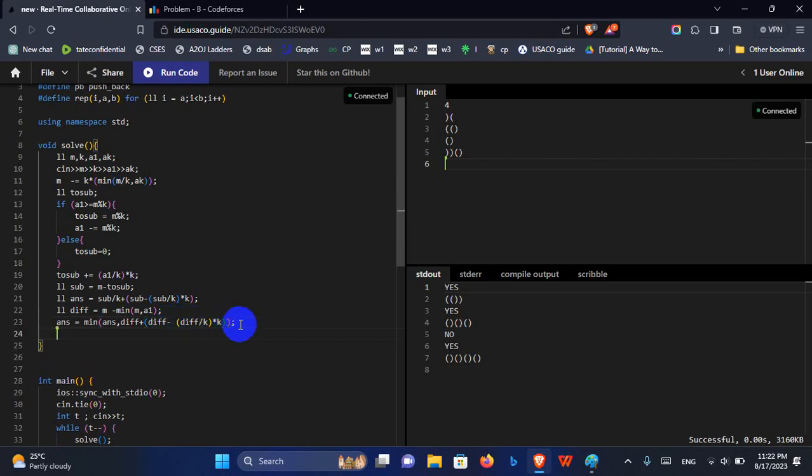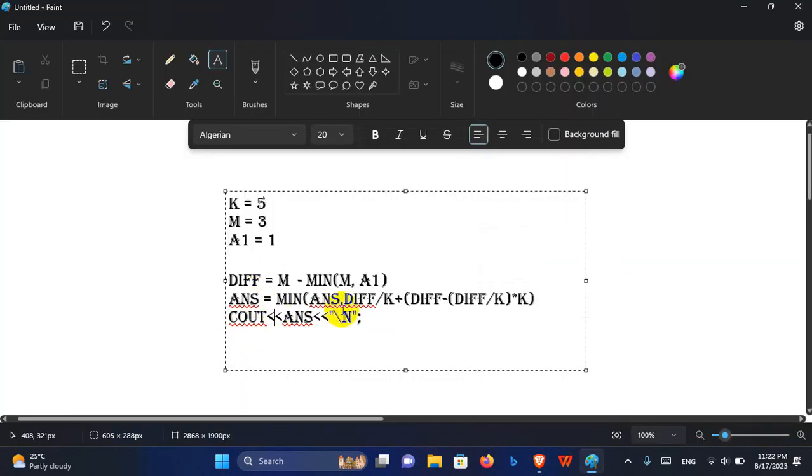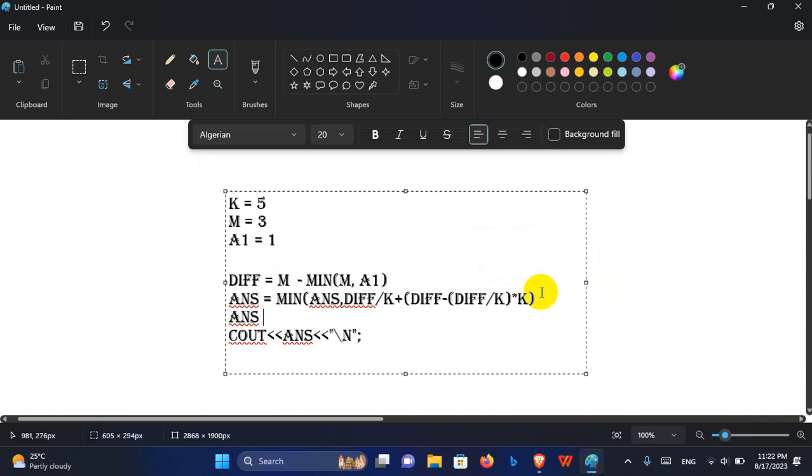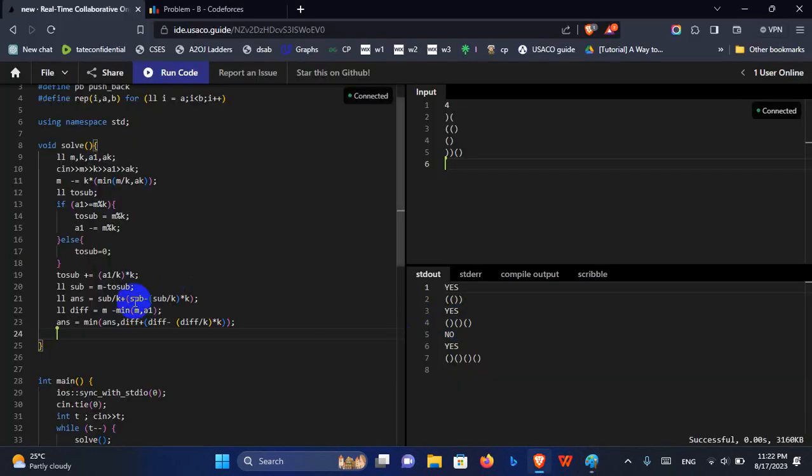Also I forgot to add some parts. Sometimes our answer would actually be done without any fancy coins. So in these cases our answer would go to some negative values. Let me show you with this case. First of all, we need to print this.